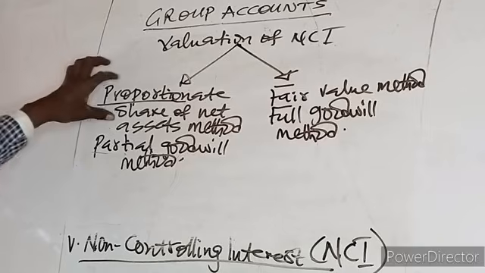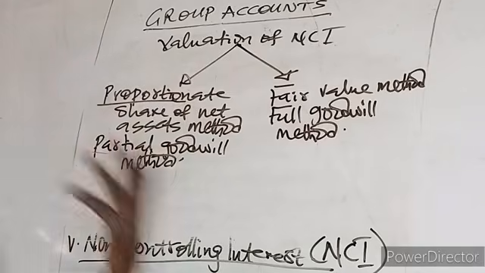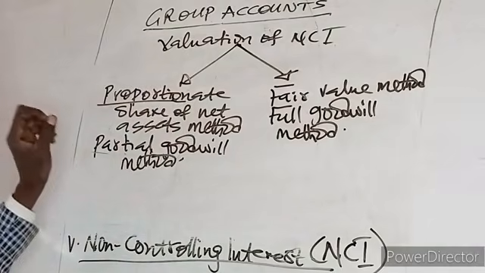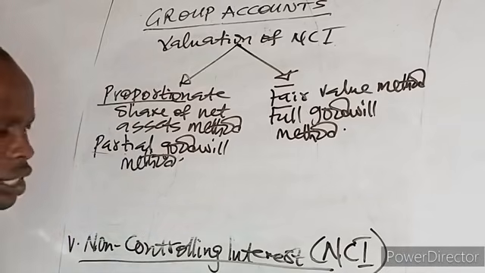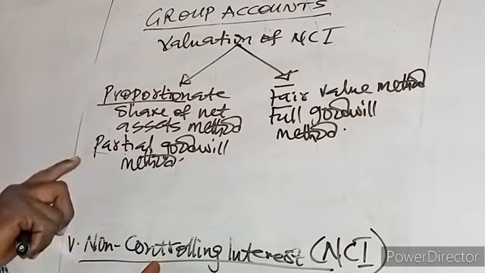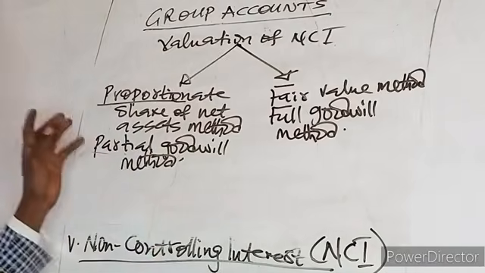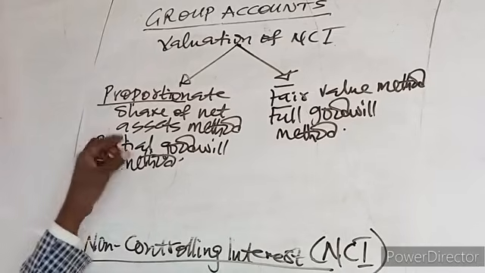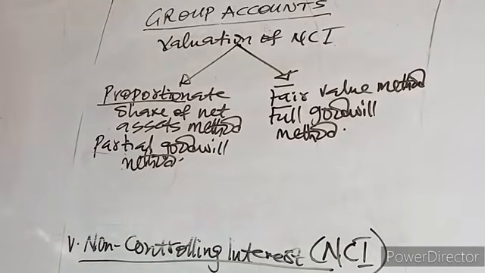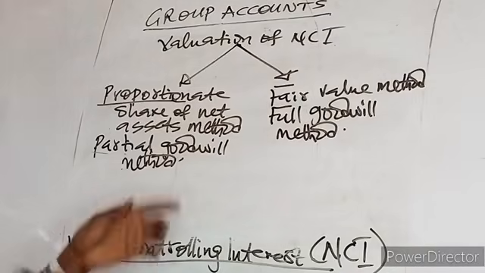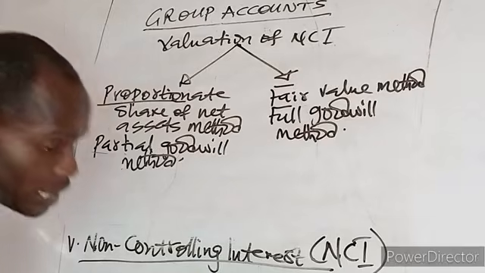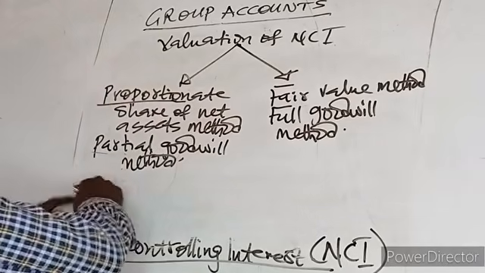Under the proportionate share of net assets method, non-controlling interest is valued by applying the percentage attributable to non-controlling interest on the fair value of the net assets of the subsidiary at the date of acquisition.